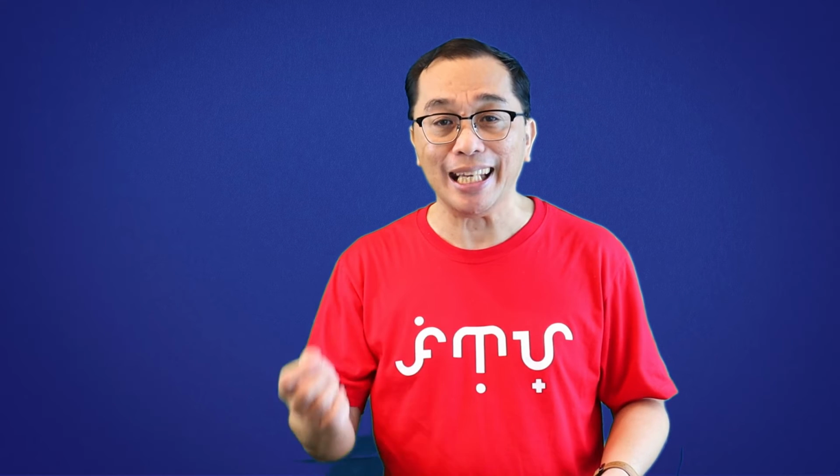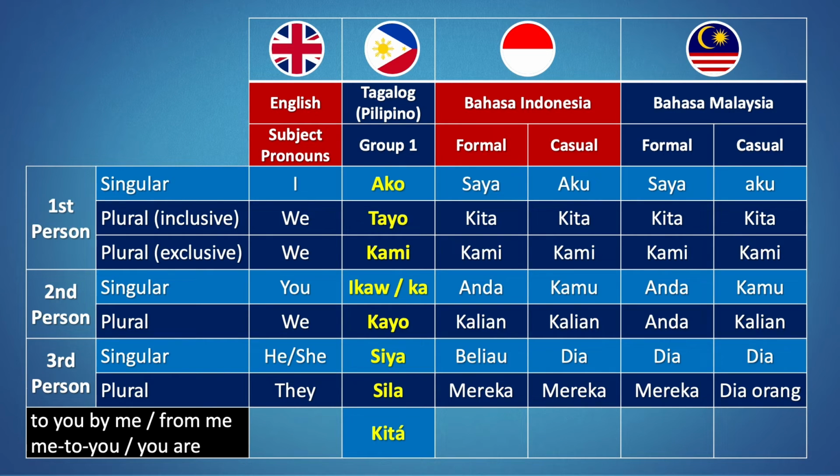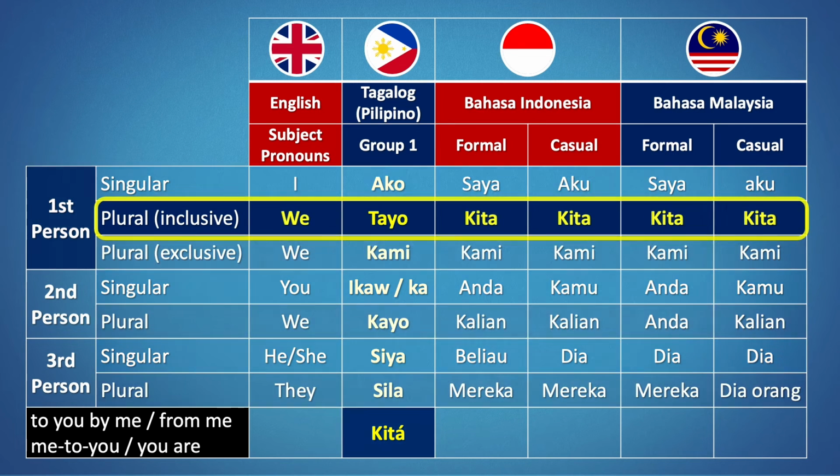Researchers have determined that Old Tagalog was closely related to Old Malay. If you take a look at modern Malay languages, such as Malaysian and Indonesian, kita is the equivalent of the Tagalog pronoun tayo, or the English we that includes the listener.